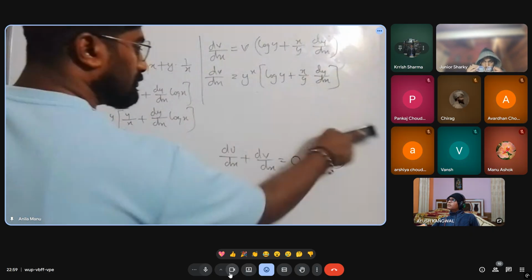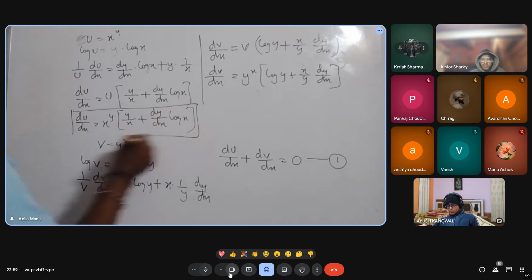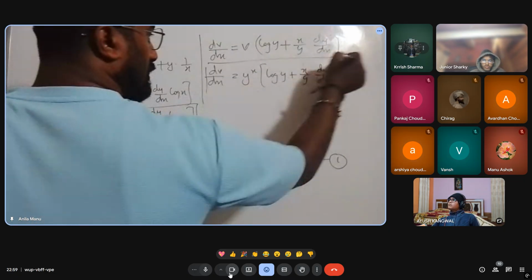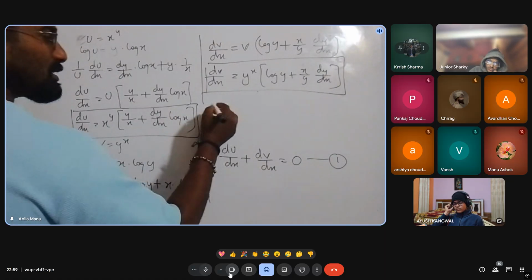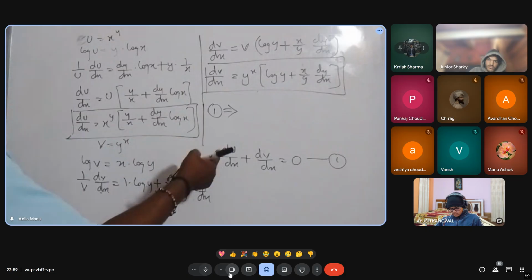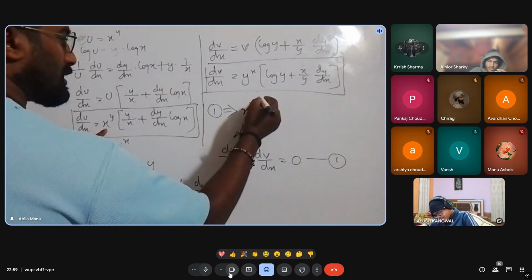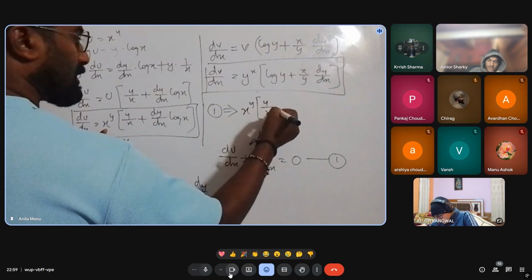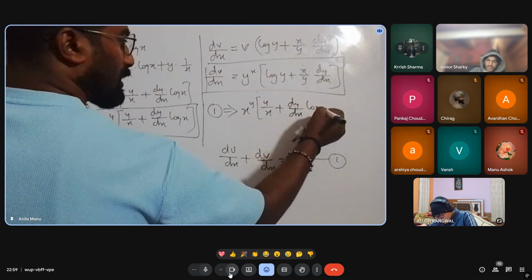Now you got everything. Just substitute these two things in equation number 1. So when you substitute in equation number 1, du by dx is this one: x raised to y into y by x plus dy by dx log x.